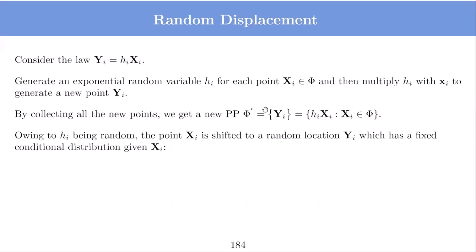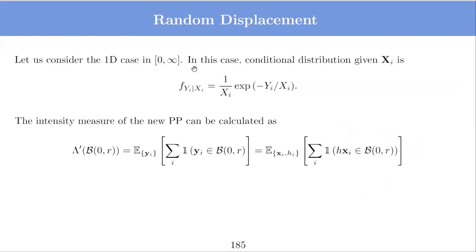Owing to hi being random, the point xi is shifted to a random location, which has a fixed conditional distribution given xi. Once I know xi, I know the conditional distribution of where the yi would be, but I do not know the exact location. It is a random displacement.